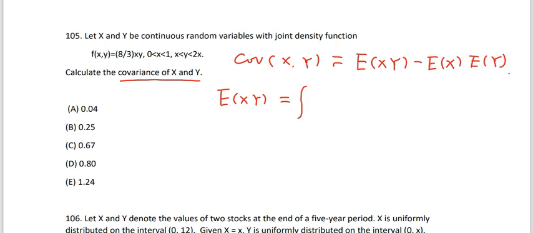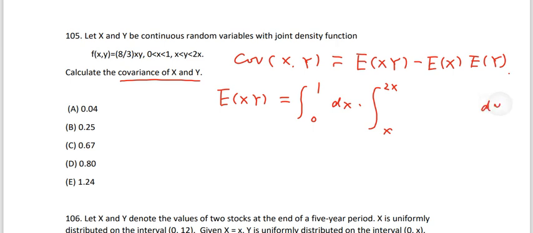So we determine x from 0 to 1, dx. Then once we determine x, what is y? So y is between x and 2x, dy.